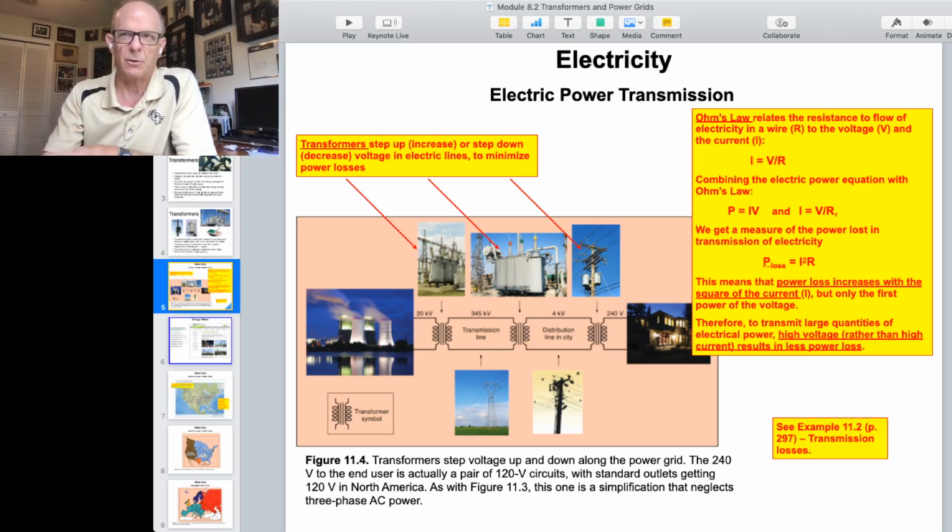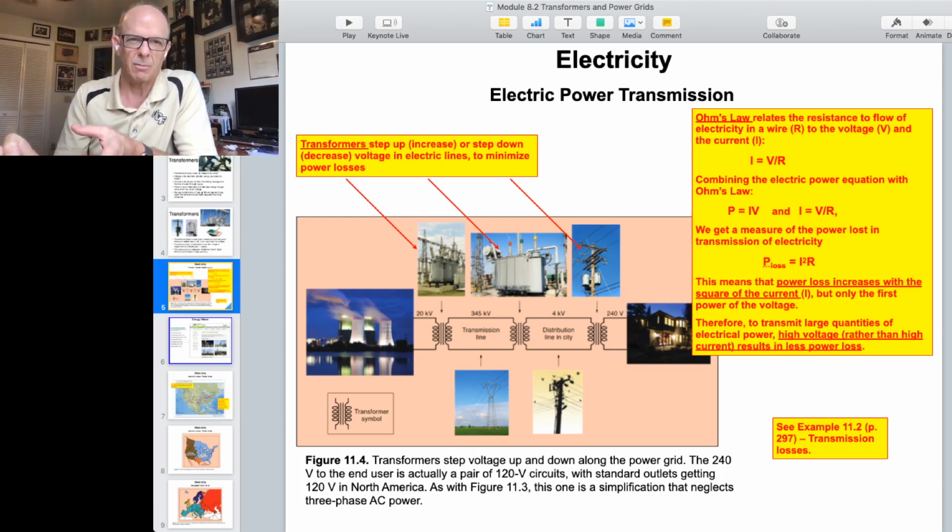Then when it gets to a city, that gets reduced down to a more reasonable few kilovolts. And then the final step are these transformers that you see in neighborhoods that bring it down to 240 volts. And that's the potential that is brought into your house.